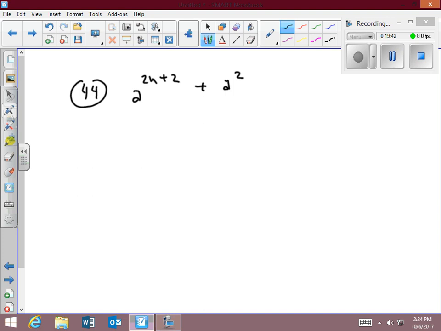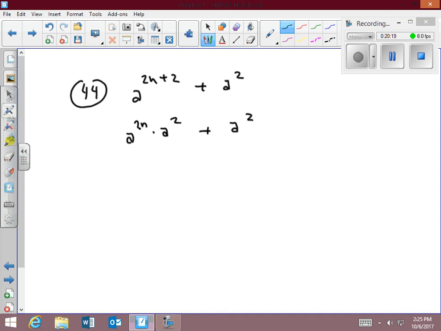That first term, when you add exponents, what can you write that out as? Could you write this as a to the 2n times a squared? If the bases are the same, what do you do with the exponents? Add them. Is that right? And then the second term is a squared.